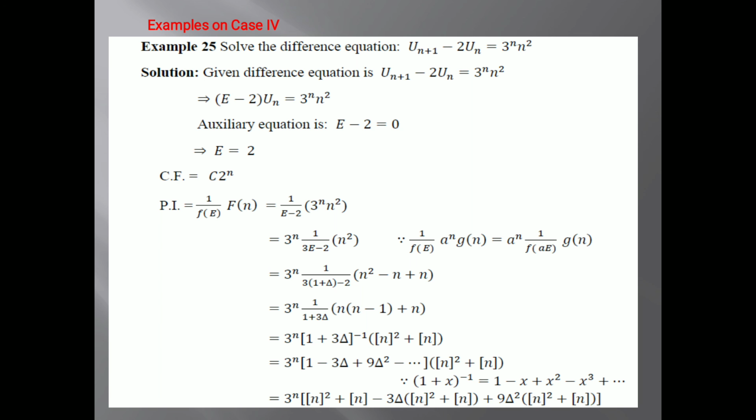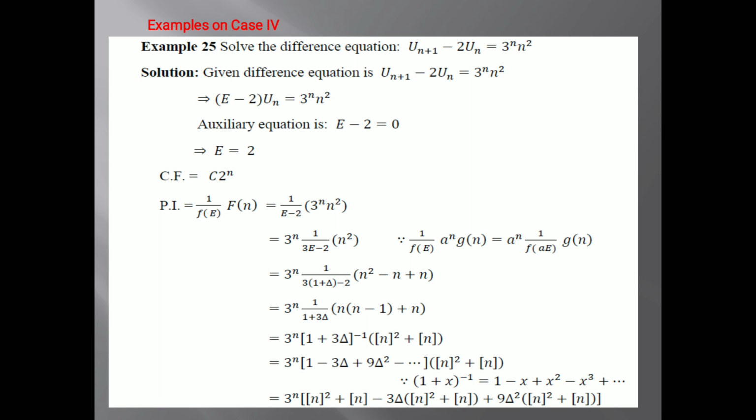Now the next example is based on case 4. Similarly, we find the auxiliary equation from the given equation and find its roots. Hence CF is given by c into 2 raised to n, and the particular integral is given by 1 upon f of E into f of n.